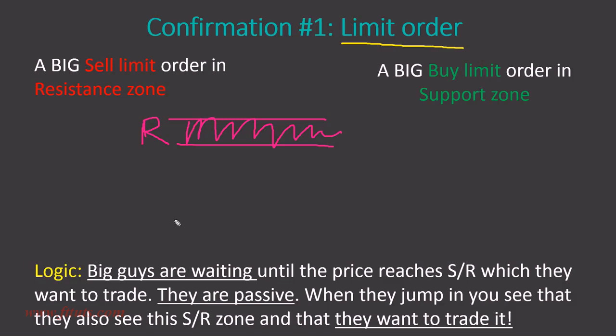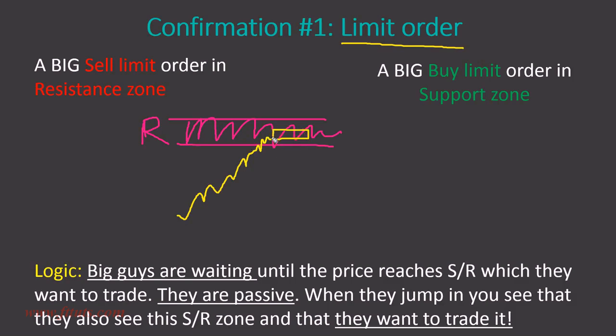So the price is moving upwards towards your resistance zone. It hits the resistance zone, and in that zone you want to see a big limit order somewhere in that zone, a big limit order which would tell you that somebody big was waiting there in that resistance zone, and they were waiting until the price reaches this resistance zone, the same as you, but you need somebody big, some big trading institution, alright?